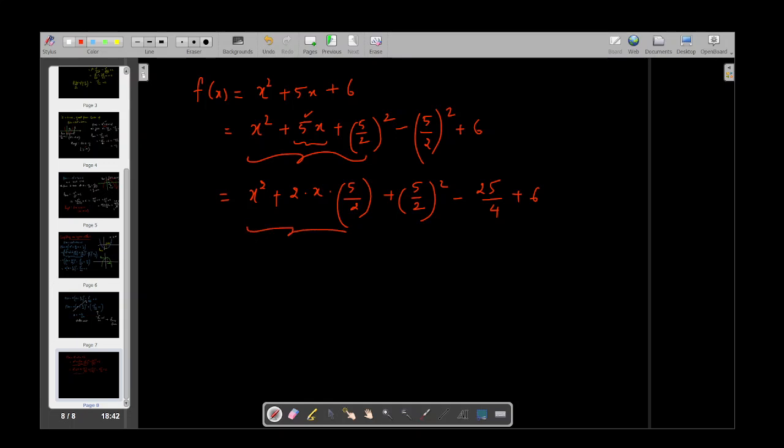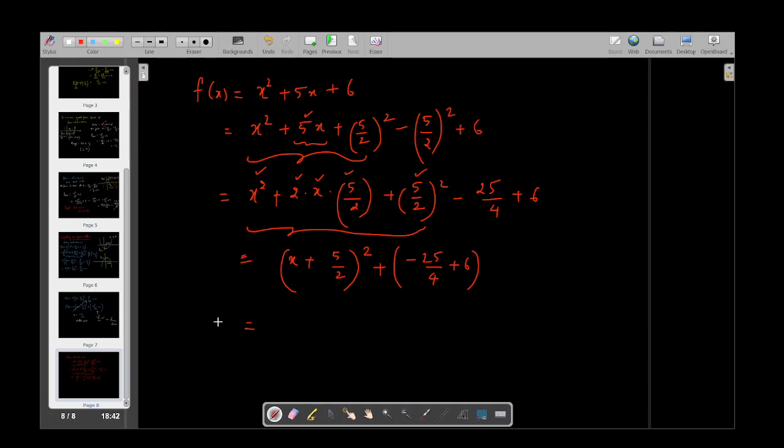So from these three terms, this is a square, this is b square, 2ab. I can write this as x plus 5 by 2 whole square, plus minus 25 by 4 plus 6.